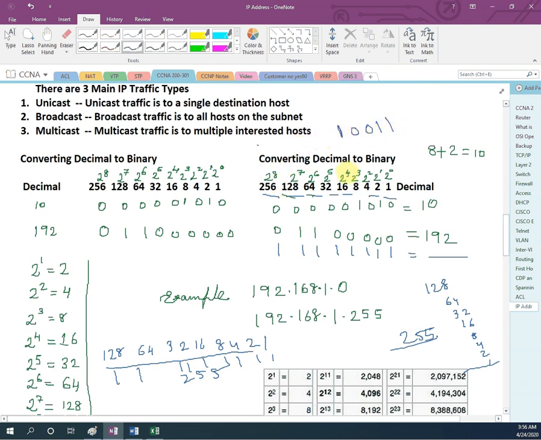How many zeros? 16 means 1, 2, 3, 4, so we will have 4 zeros here. So this is the binary of 19: 0 0 0 1 0 0 1 1. Like this, 2 power 7, 2 power 6, 2 power 5, 2 power 4, 2 power 3, 2 power 2, you can do.